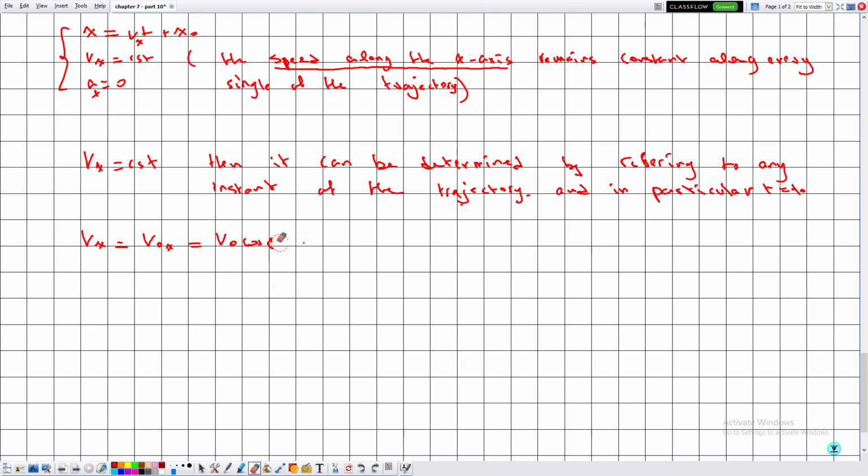Okay, so in this case these equations can be written as x is equal to v0 cosine alpha 0 multiplied by t plus x0. Now vx, because it's constant, is equal to v0 cosine alpha 0, and ax is equal to 0. And by this we are done with the first step, which is the type of motion along the x-axis.